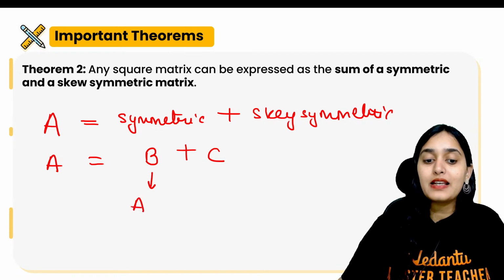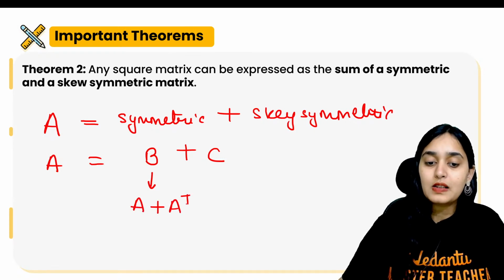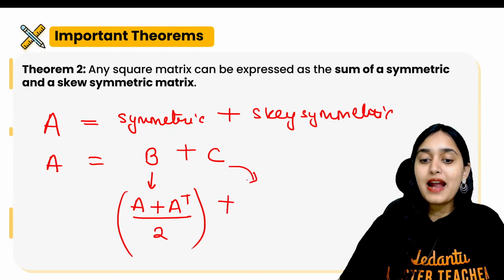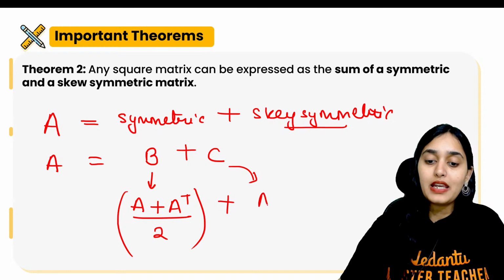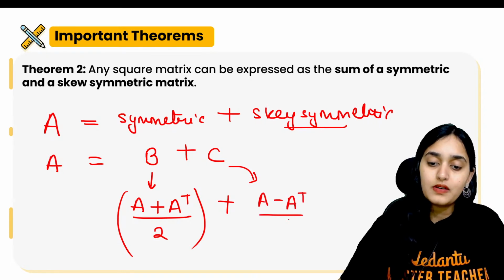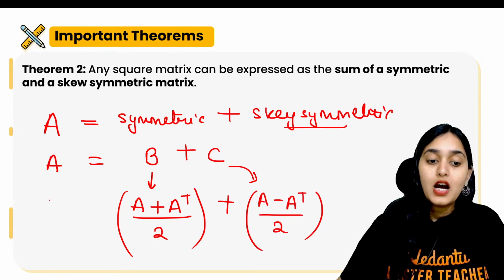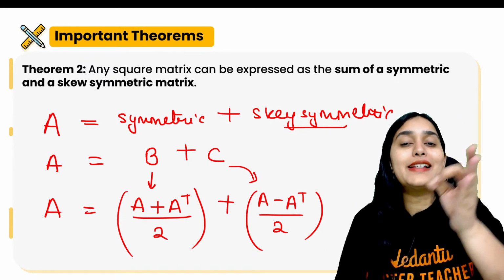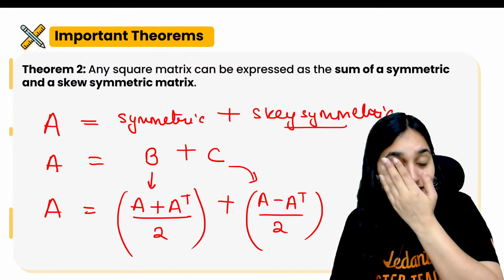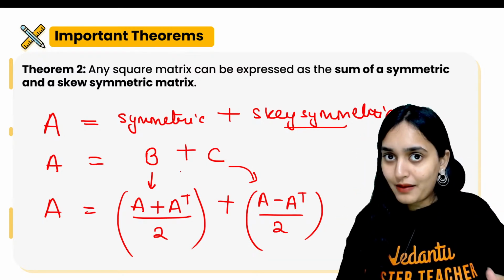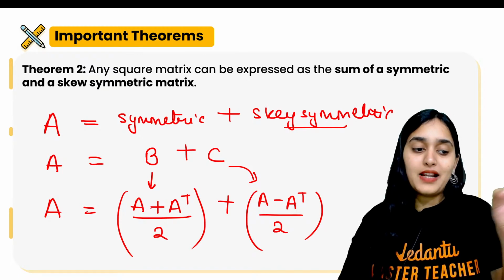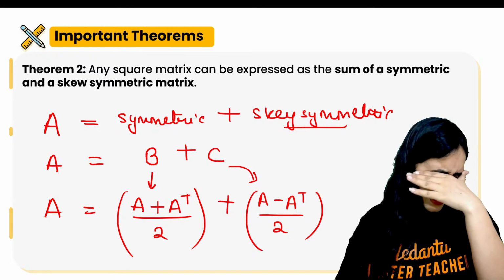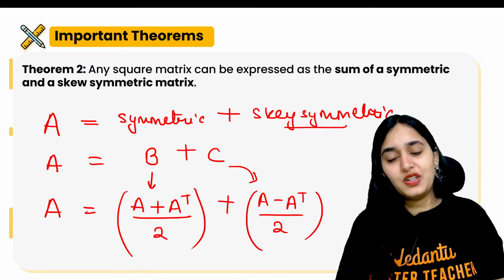This B matrix is A plus A transpose divided by 2. Similarly, this C matrix, which is skew symmetric, will be A minus A transpose divided by 2. So any matrix can be represented as the sum of a symmetric and a skew symmetric matrix. Symmetric matrix can be found out by A plus A transpose divided by 2 and skew symmetric matrix can be found out by A minus A transpose divided by 2.